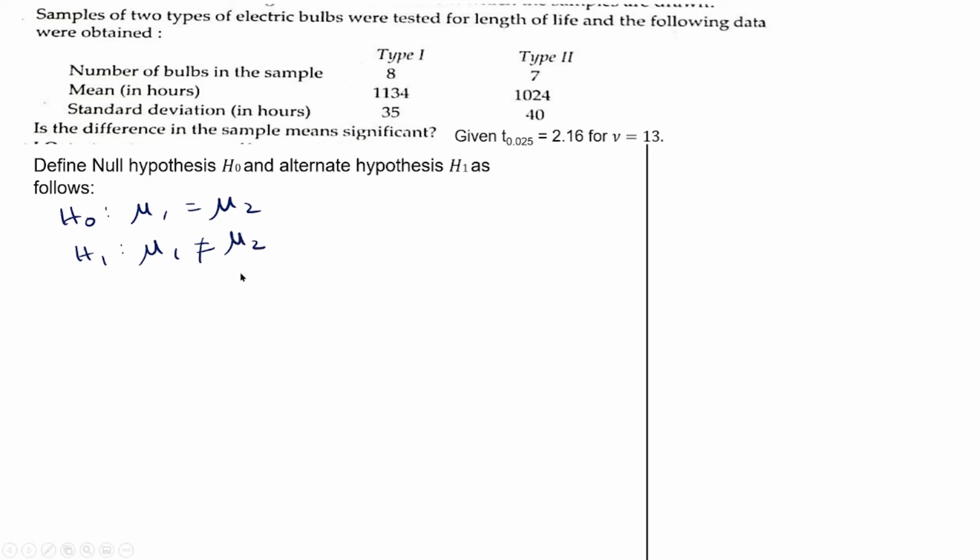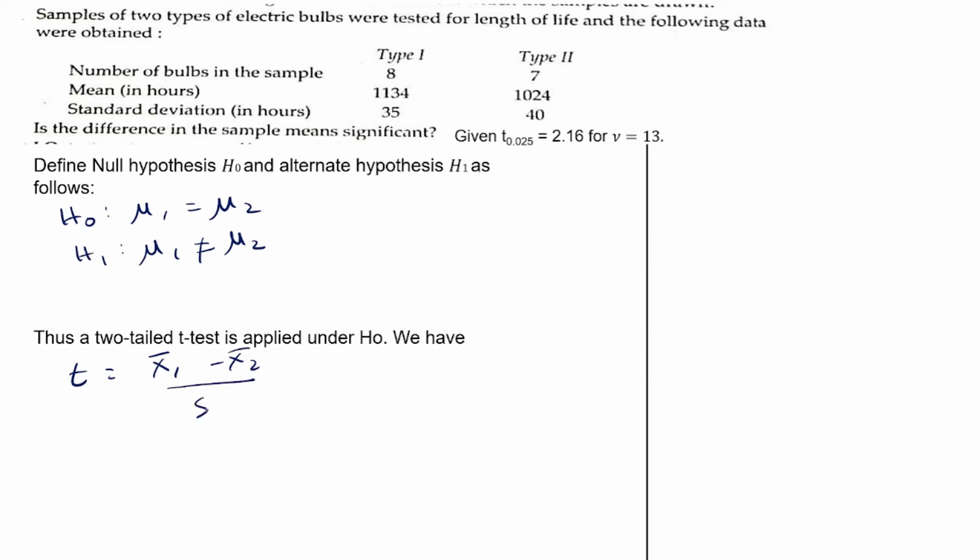Since we have mu1 not equal to mu2, a two-tailed t-test is applied under H0. Therefore, t is equal to x1 bar minus x2 bar upon Sp into root of n1 n2 upon n1 plus n2.